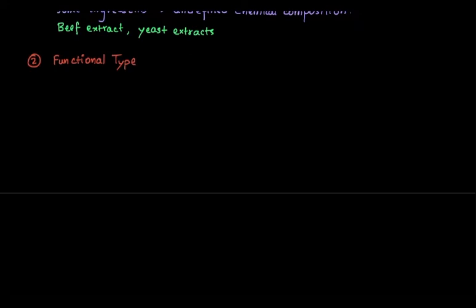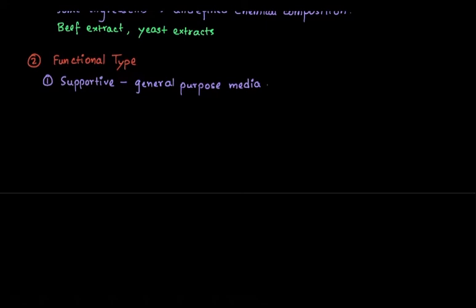There can be a lot of types. So the first one is supportive. In supportive media, these are also called general purpose media.